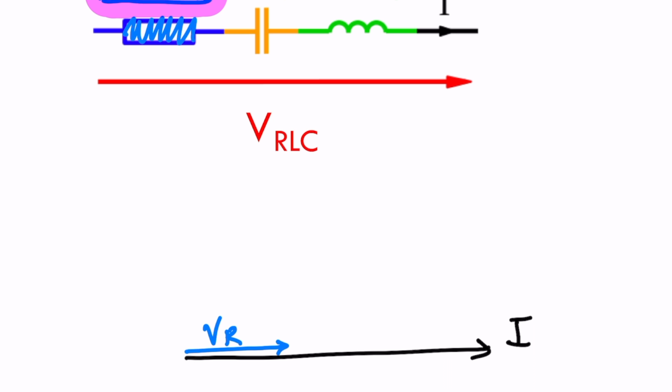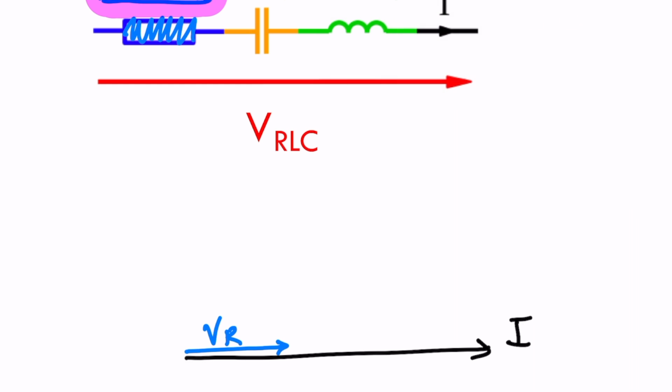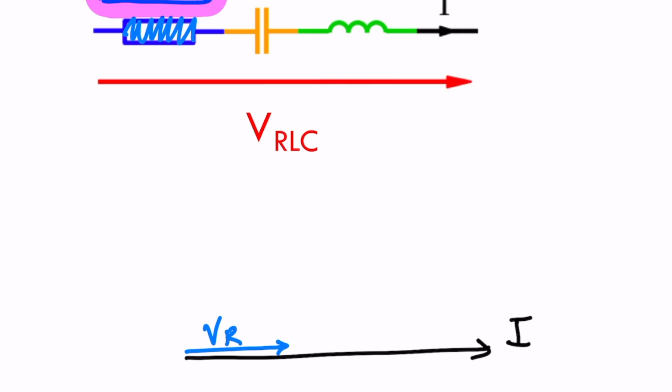So remember, in orange we have this capacitor, so whatever is the value, the capacitor voltage always is, well, let me start with the green one.